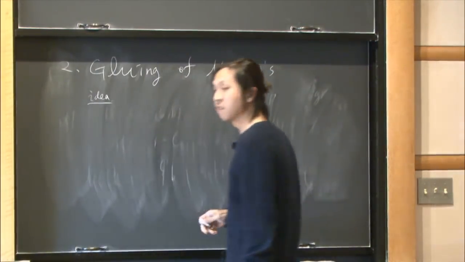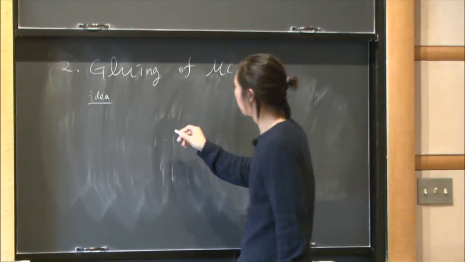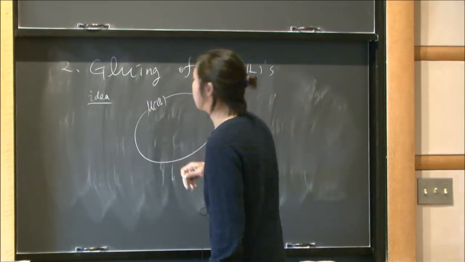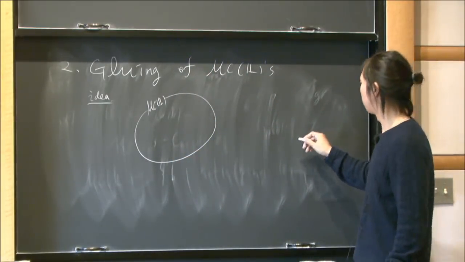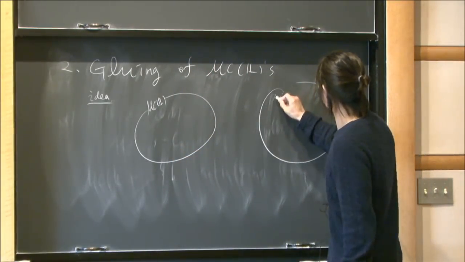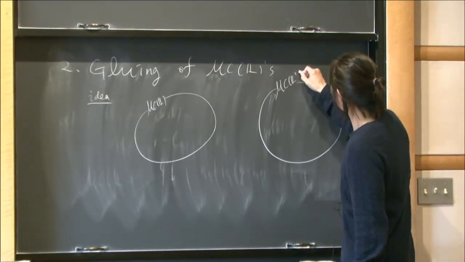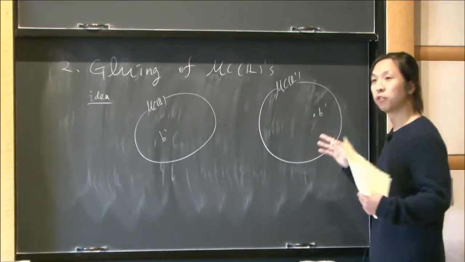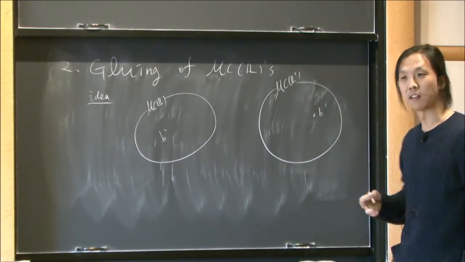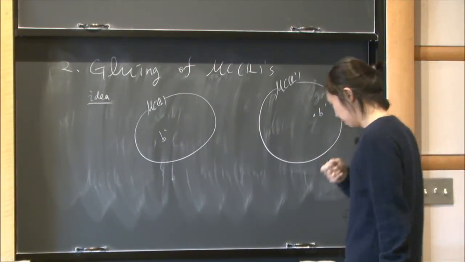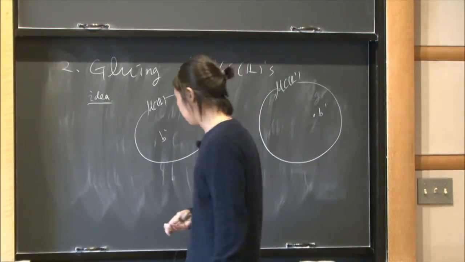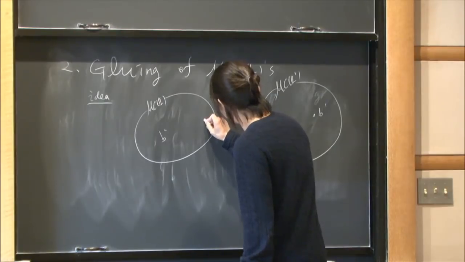For example, if you have one Lagrangian L, this is the space of formal deformations for L, and you take another Lagrangian, L prime. This consists of B prime, and this consists of B. And then you have two different local charts of the mirror. Then how do you glue these two? Which information should allow us to glue these two? That's the question.